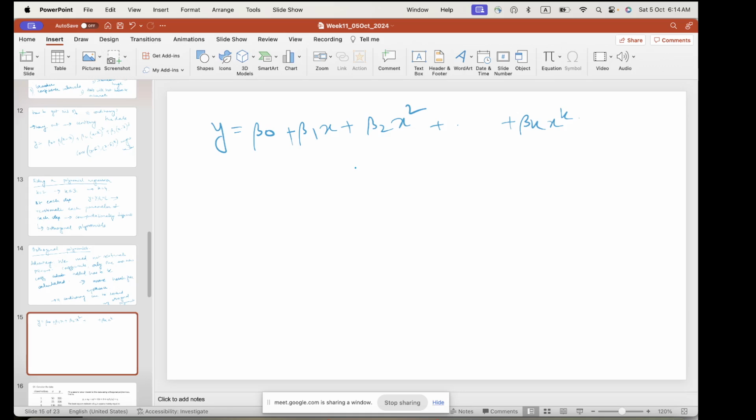Okay, so instead of that, we'll transform our model to something like this. We'll have y equal to alpha naught p naught x plus alpha 1 p1 x plus alpha 2 p2 x plus alpha k pk x.